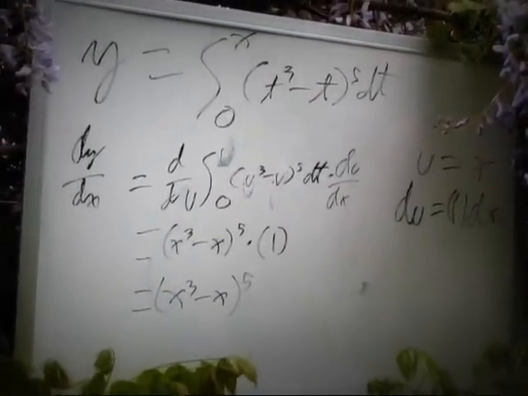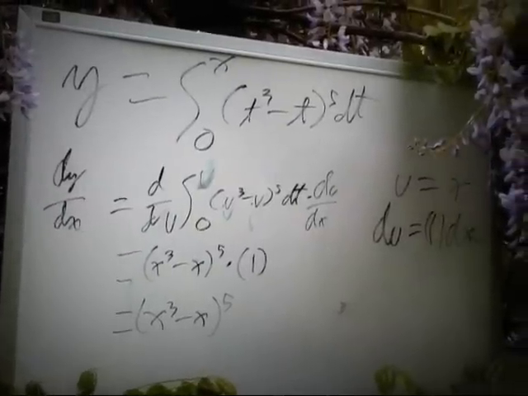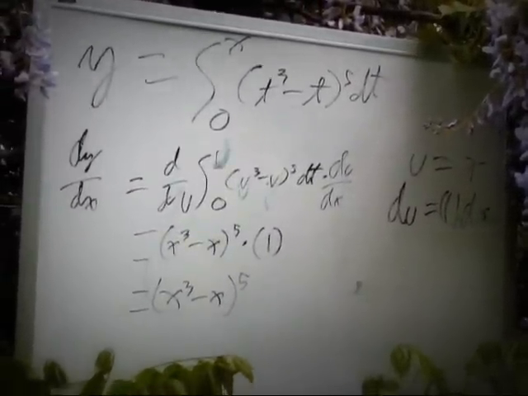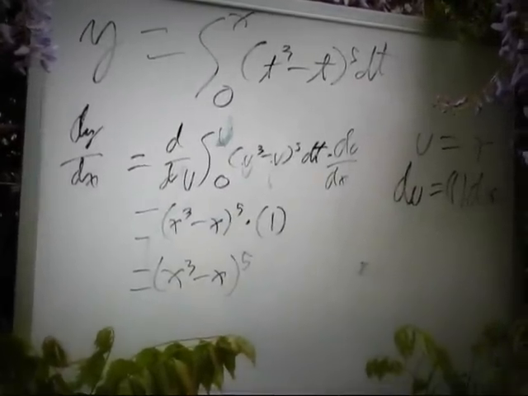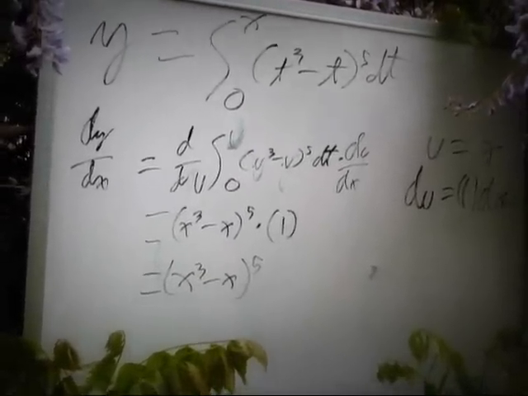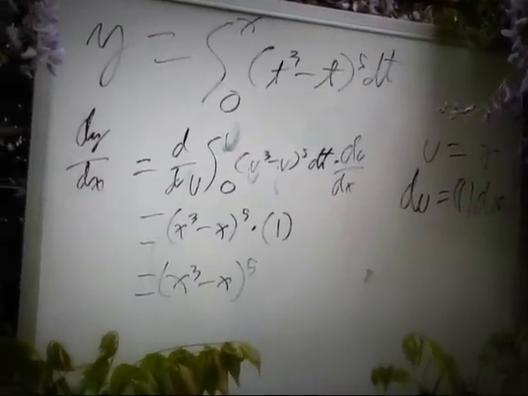y equals the integral from 0 to x of t cubed minus t quantity to the 5th dt. Then, you'll find the derivative, dy over dx equals d over du times the integral from 0 to u of u cubed minus u quantity 5th dt, times du over dx.